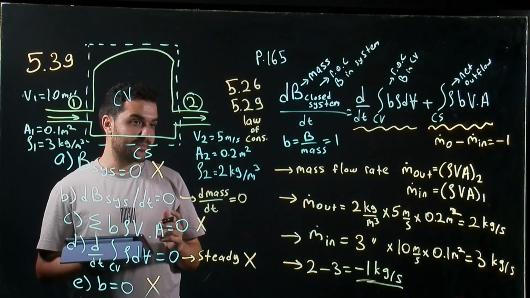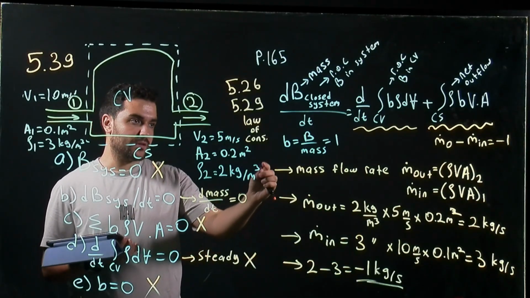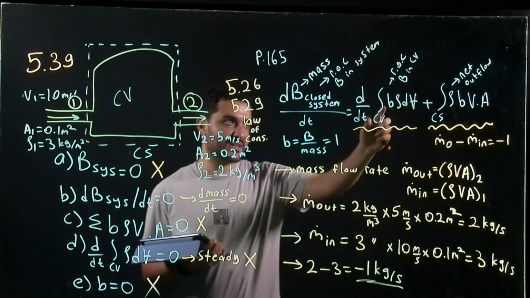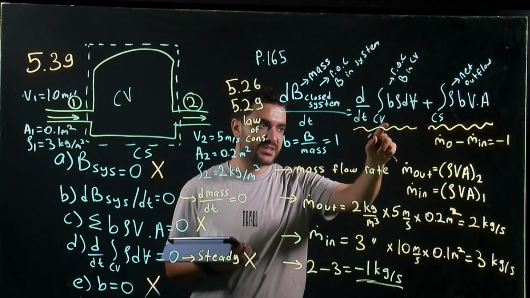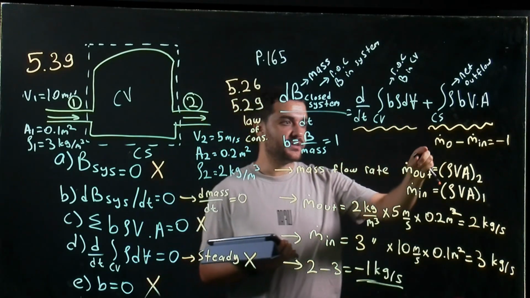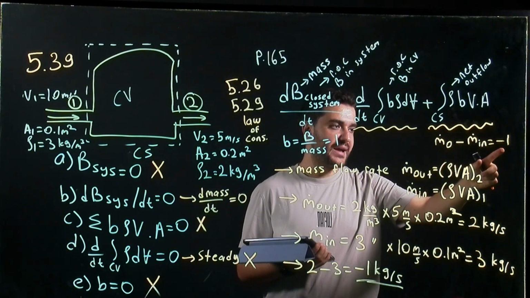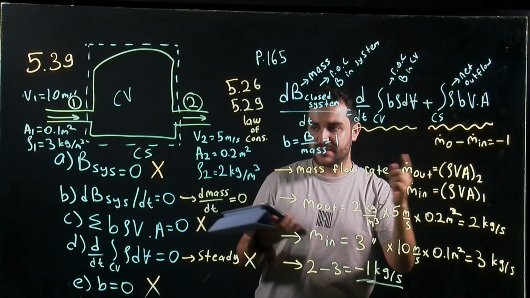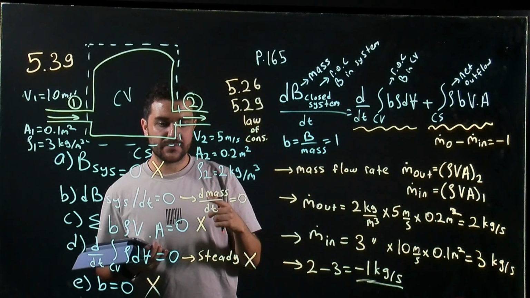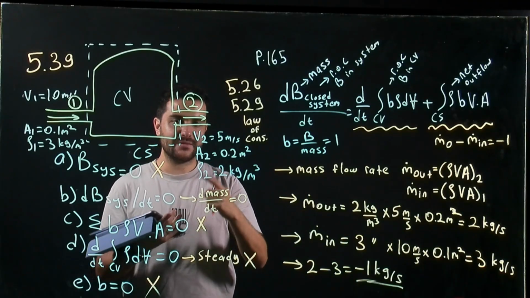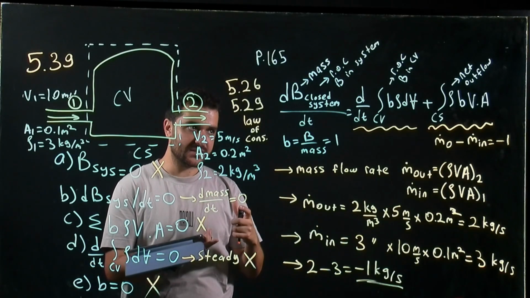So here this can be confusing, because we already calculated that the rate of change of mass in the control volume is changing, and also we have net outflow as -1. So this means we have inflow and outflow, or in other words, we have a changing mass flow rate.